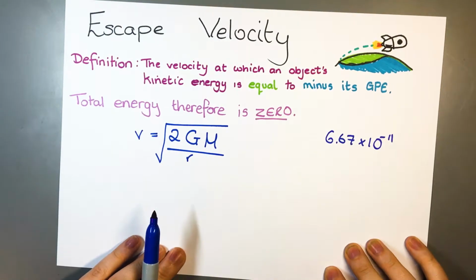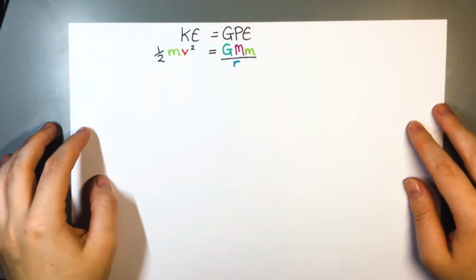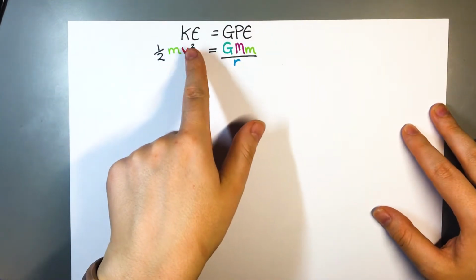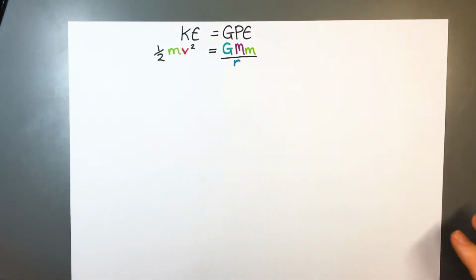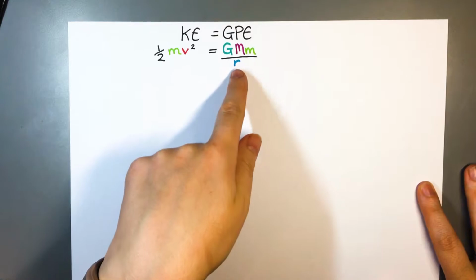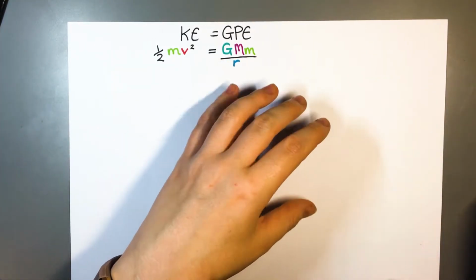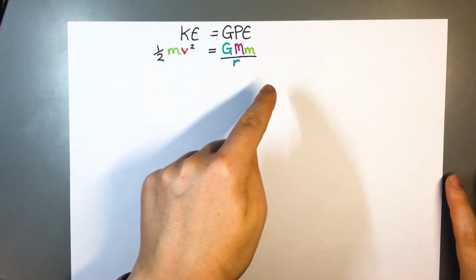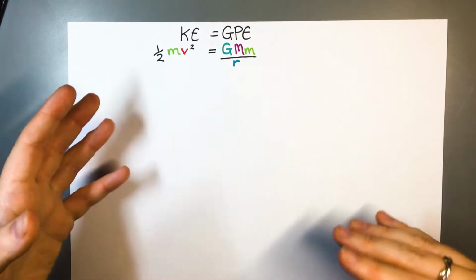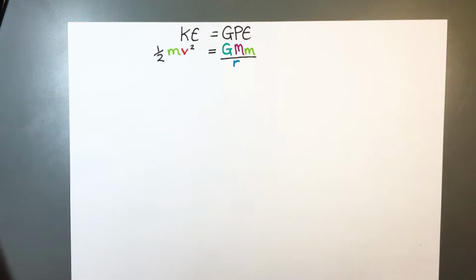I'm going to show you now how to derive it. To start off with, as I've already said, we know our kinetic energy is equal to our gravitational potential energy. I've written out the two equations for us. The reason I've times-ed it by m is we're now talking about the gravitational potential energy, not the gravitational potential. They're two separate things, so don't get them muddled up.